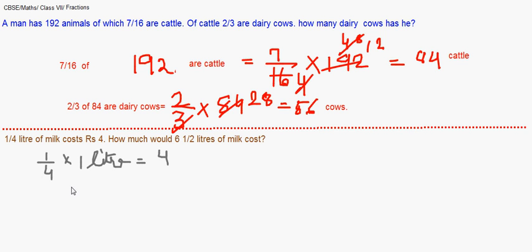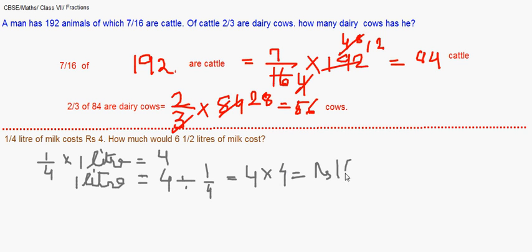So the cost of 1 liter would be 4 divided by 1 by 4. We learned how to do this, wherein we convert this and reciprocate. That gives us ₹16.